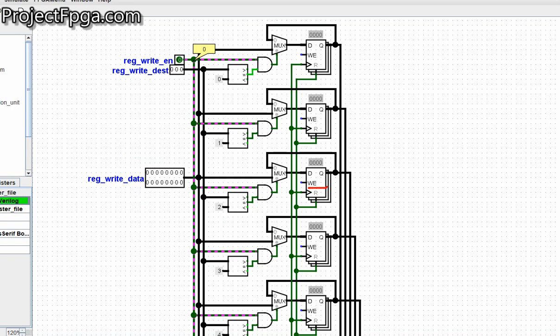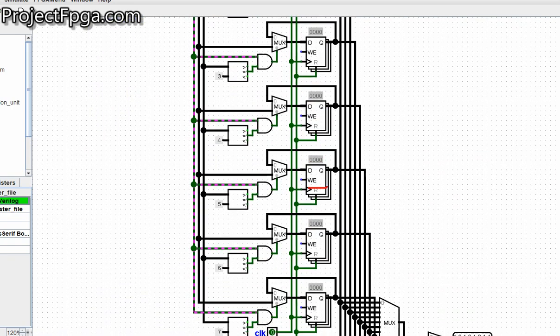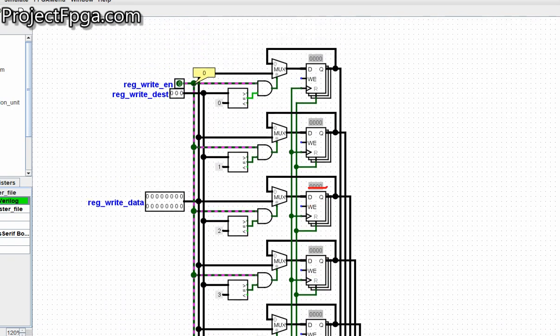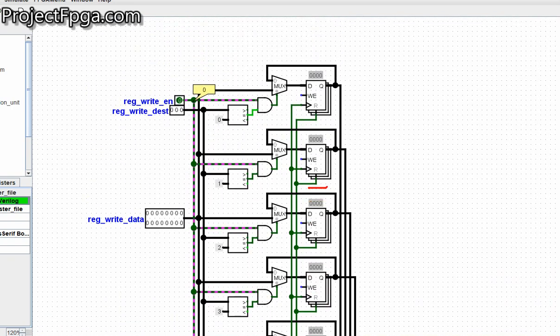So that is how all these registers are written to. Now to read from them, watch, they are all selected. The outputs are taken down. So let's go down and see how you can read from them.